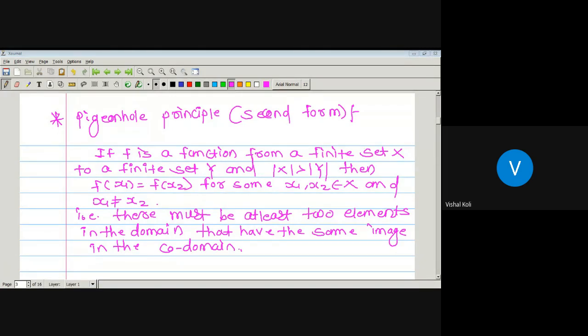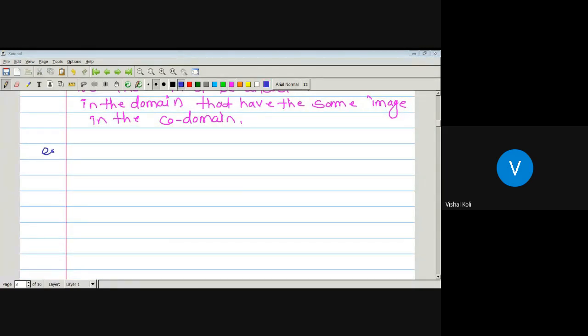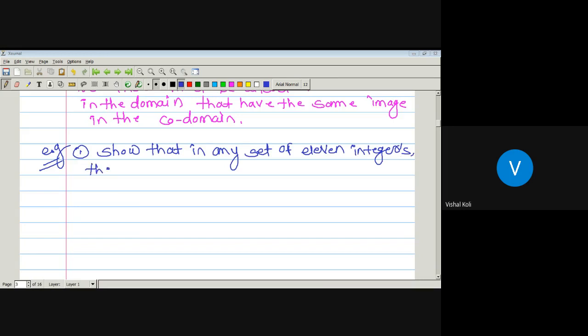Okay, let us see one example. Show that in any set of 11 integers, there are two whose difference is divisible by 10.